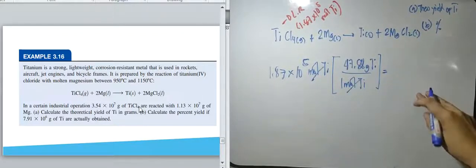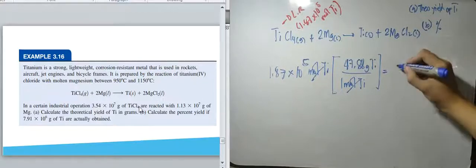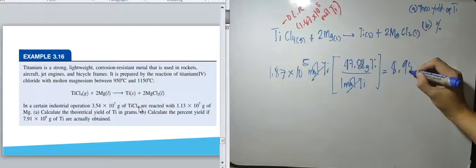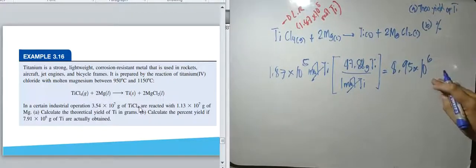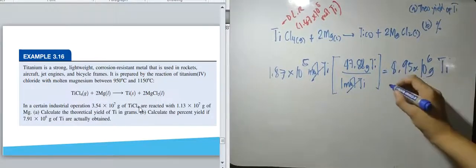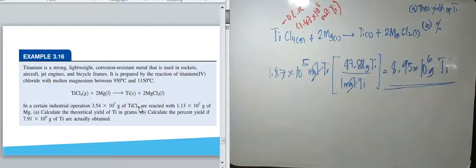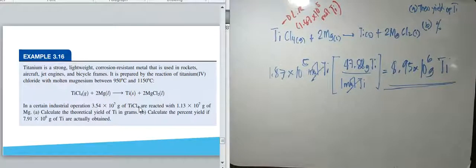So therefore, the theoretical yield for this one is 8.95 times 10 raised to 6. Again, the theoretical yield is the estimated amount that is produced based on the chemical reaction.